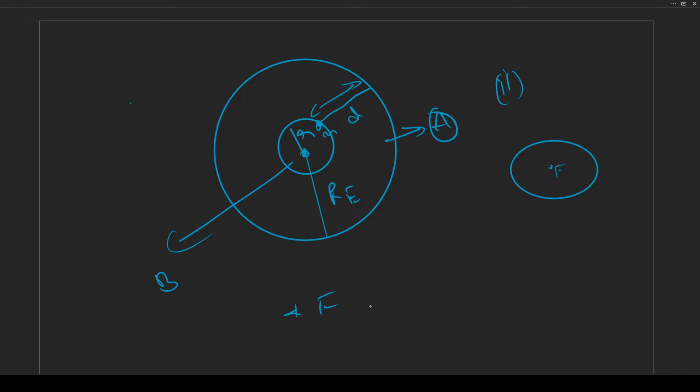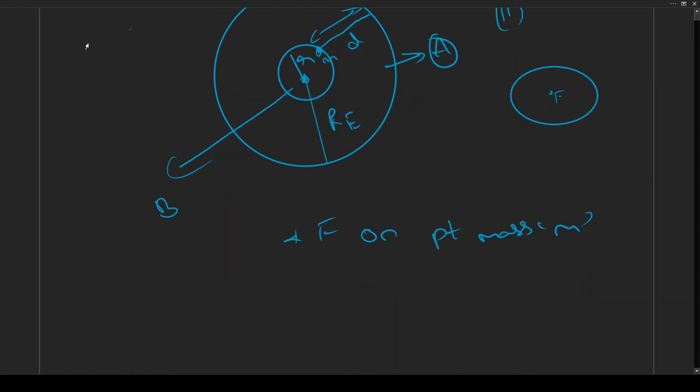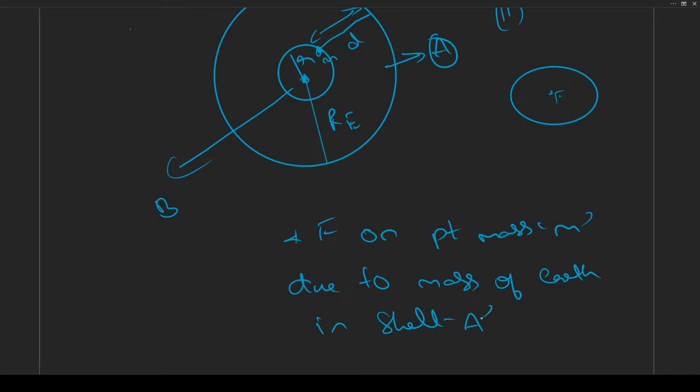The force on point mass m due to the mass of Earth in shell A is zero.